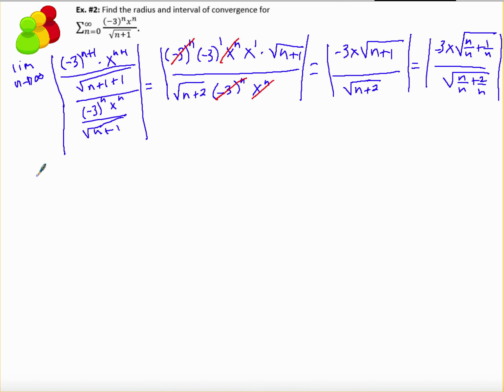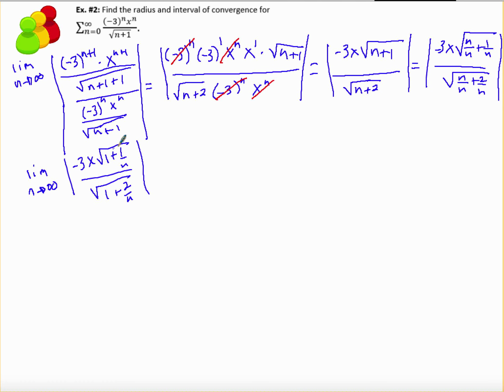So I'm going to take the limit and also simplify here. So I've got negative 3x times the square root of 1 plus 1 over n. And we know that is going to be 0 when we take the limit, right? And we've got the square root of 1 plus 2 divided by n. Again, as we take the limit as n approaches infinity, these guys are both going to become 0.